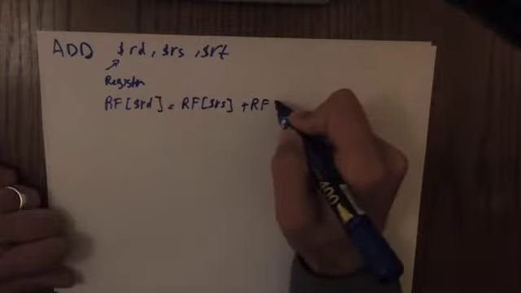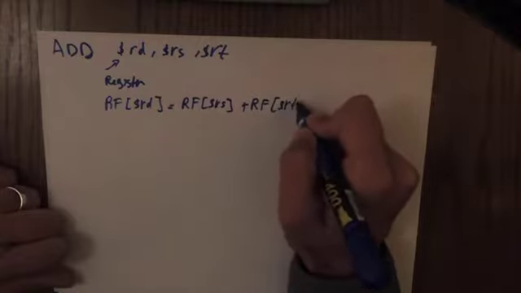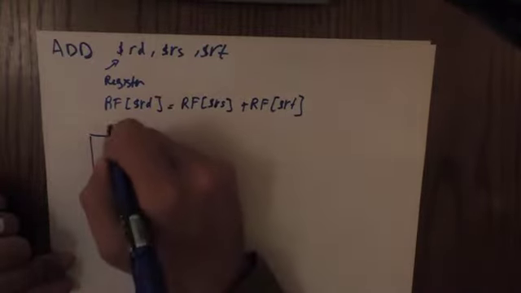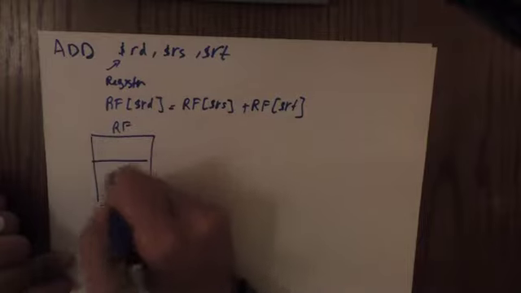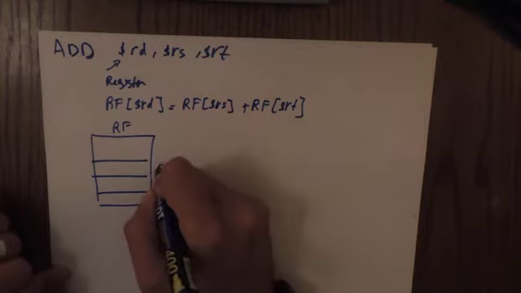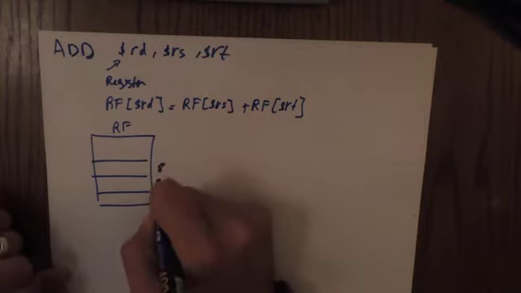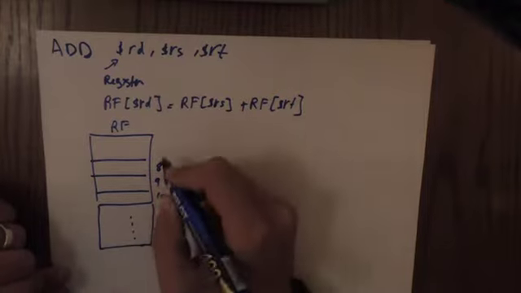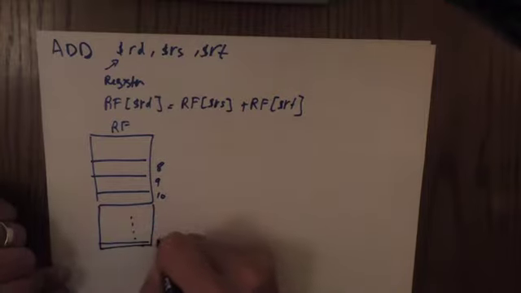So we're actually fetching the values inside the register file and then adding them together. For example, let's say I have this register file and, let's say this is in locations 8, 9 and 10. Of course the register file goes further to location 31.